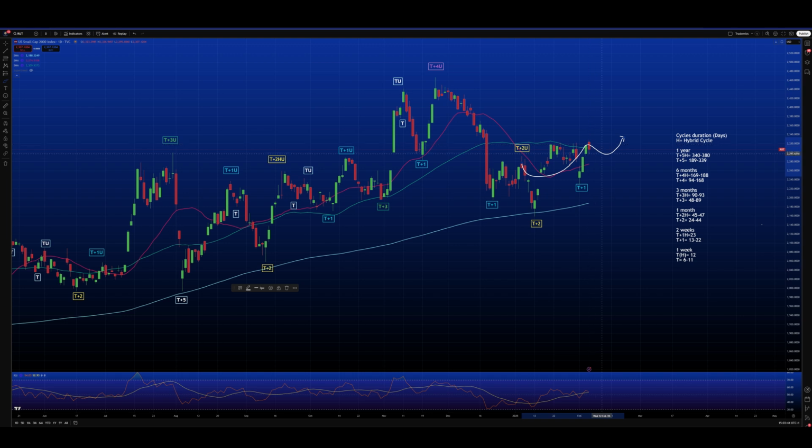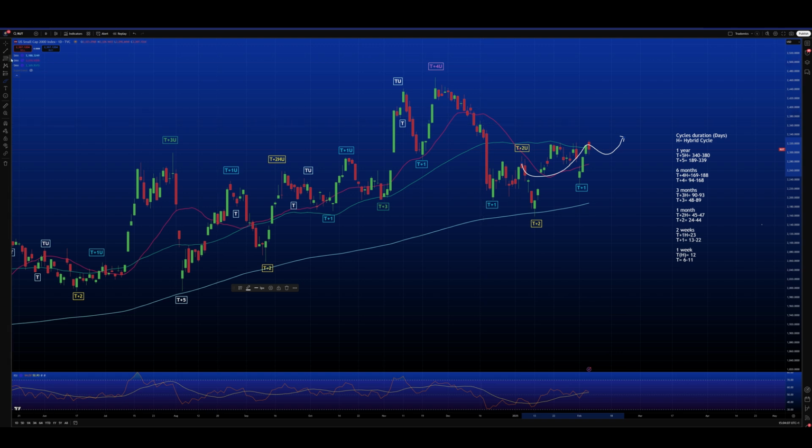Again, we might expect a little bit of a downtrend, but in this case here, given that this T plus 2 is positive, we will return back to the absolute tops. So I'm not expecting a harsh downtrend, but a return back to either this area or this area.